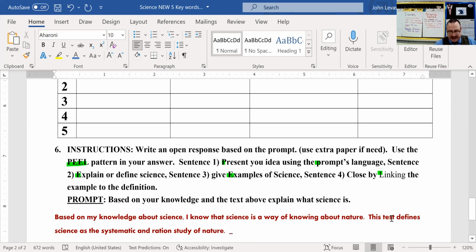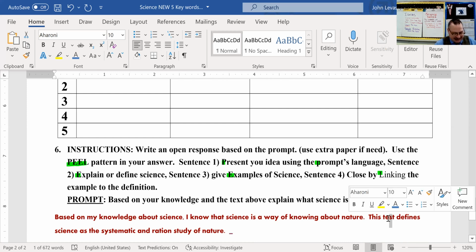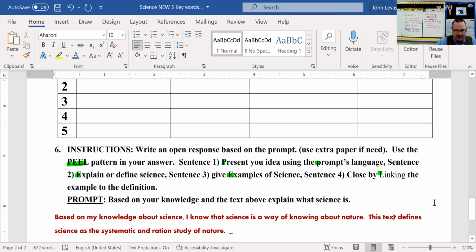So now I've got my present where I've used the prompt. I've got my explanation or my definition.